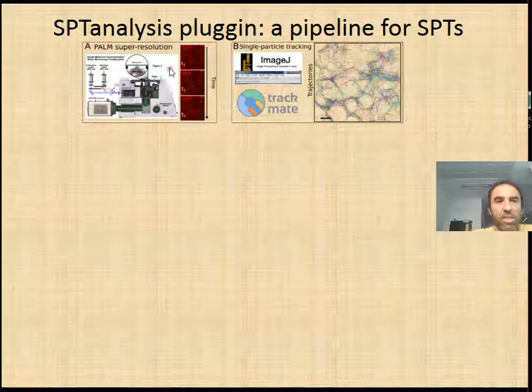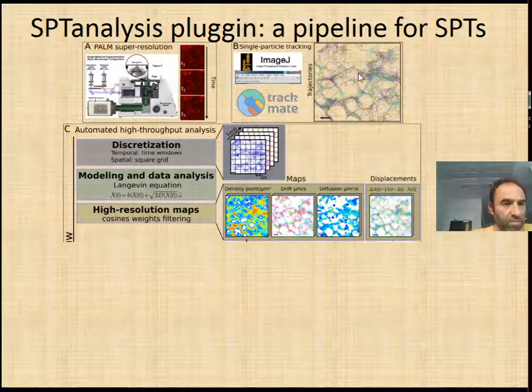The SPTanalysis plugin is a pipeline that uses trajectories recorded from SPT-PALM once they have been connected by TrackMate, so that you start with a trajectory.